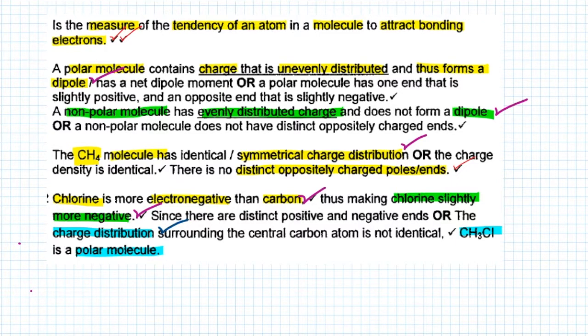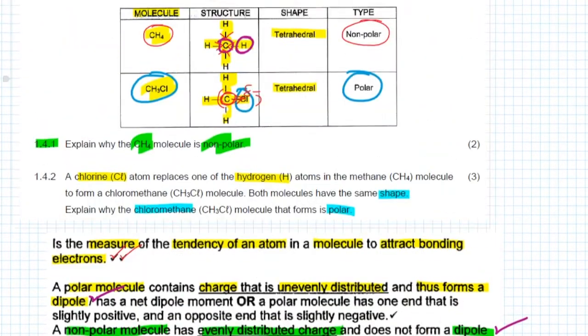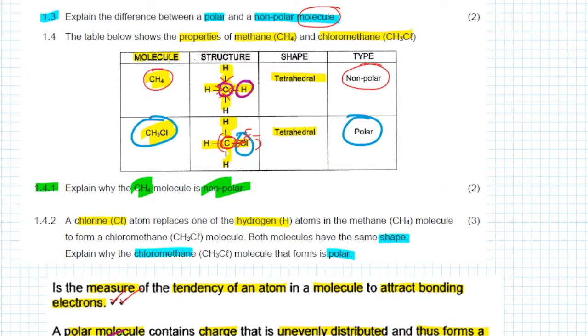So 1 mark for stating the difference between the electronegativities of chlorine and carbon, 1 mark for saying that chlorine will be slightly more negative, and 1 mark for mentioning the uneven distribution of charge. That's going to get you your 3 marks for question 1.4.2.